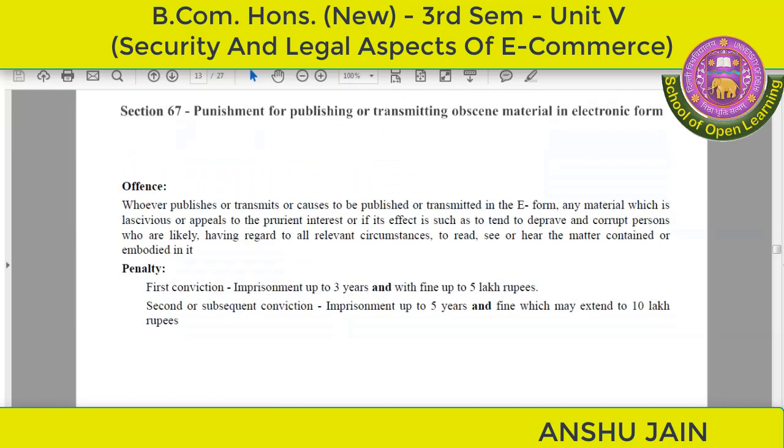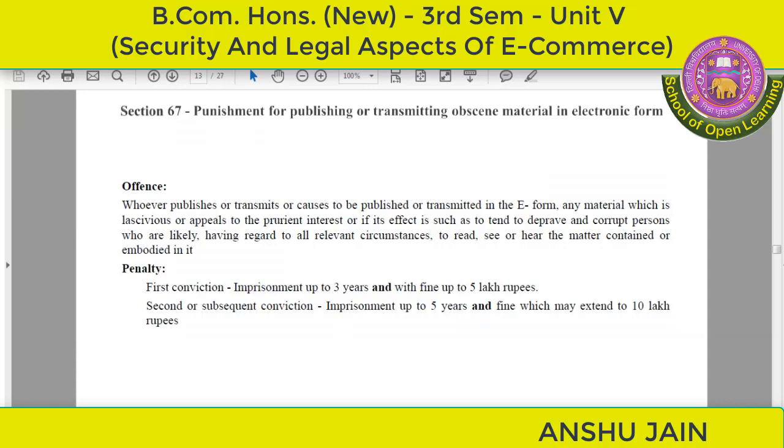Then next we have section 67, where we are supposed to discuss the punishment for publishing or transmitting obscene material in digital form. Now what is the offense? The offense is any person who publishes or transmits or causes to be published or transmitted in any e-form any material which is lascivious or appeals to the prurient interest, or whose effect is such as to tend to deprave and corrupt persons who are likely, having regard to all relevant circumstances, to read, see or hear the matter contained or embodied in it.